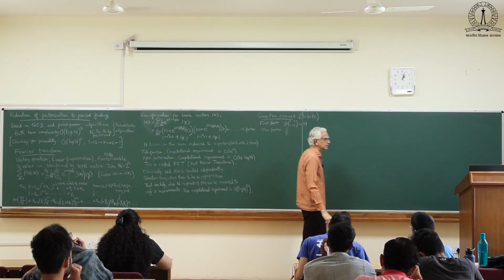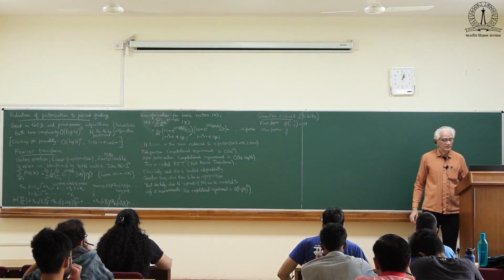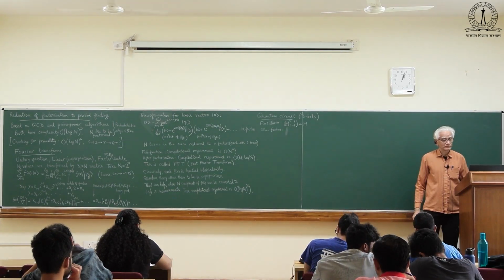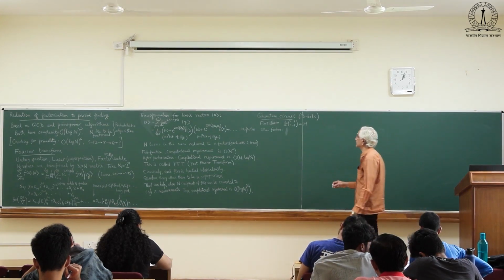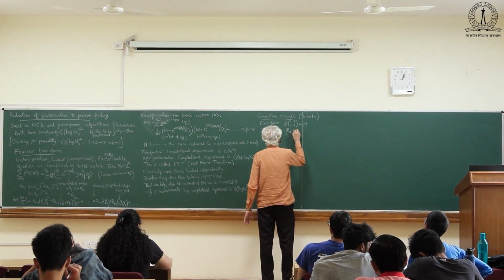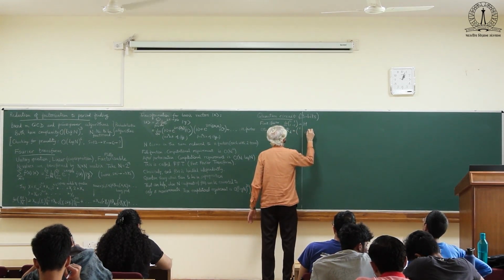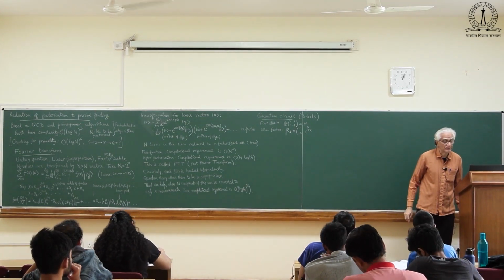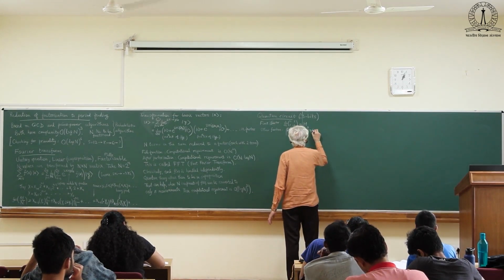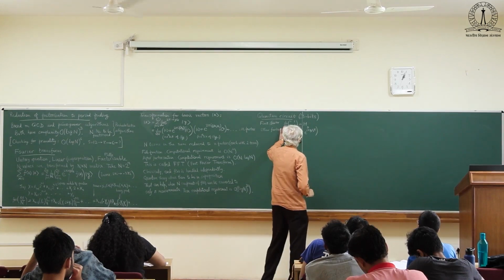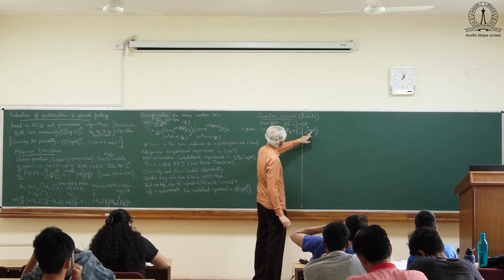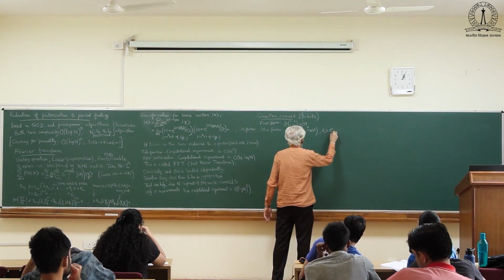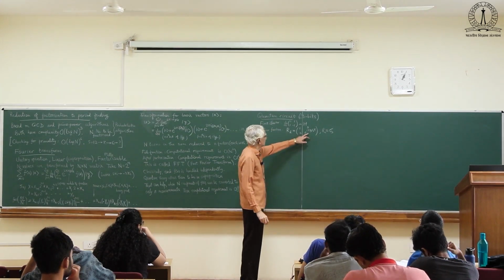So let me give a notation R_d. Here it is e raised to 2 pi i, divided by 2 raised to d, and R0 is nothing but the third Pauli matrix, so that this thing is equal to -1.